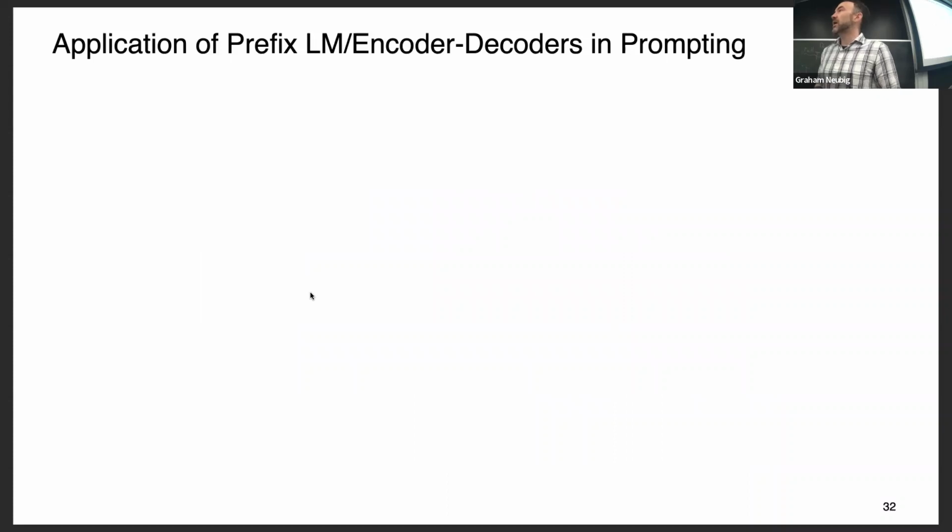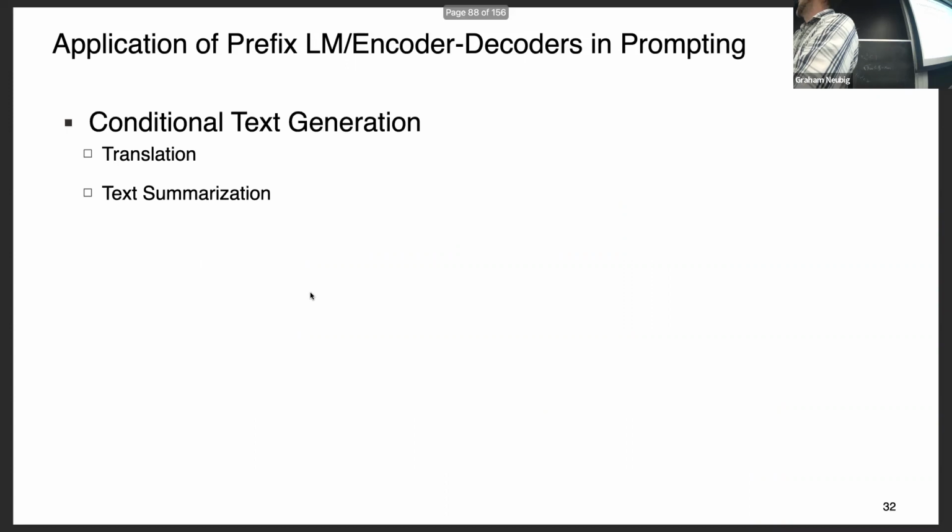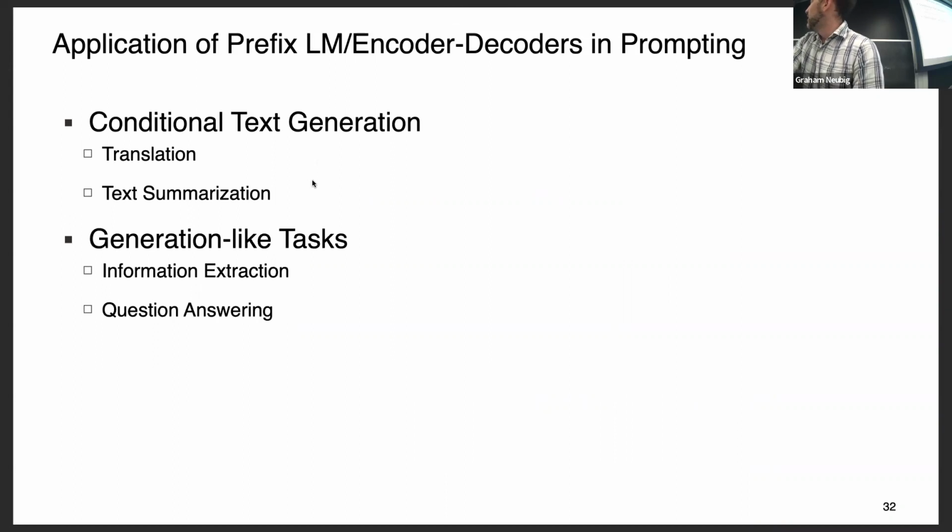So for prompting style methods, the application of prefix LM and encoder-decoder models in prompting is very widespread. They're used for conditional text generation, and usually they're fine-tuned for conditional text generation style tasks. They can also be used for generation-like tasks. For example, information extraction: you say something like, tell me all the entities in this sentence, and it will decode all of the entities in the sentence.